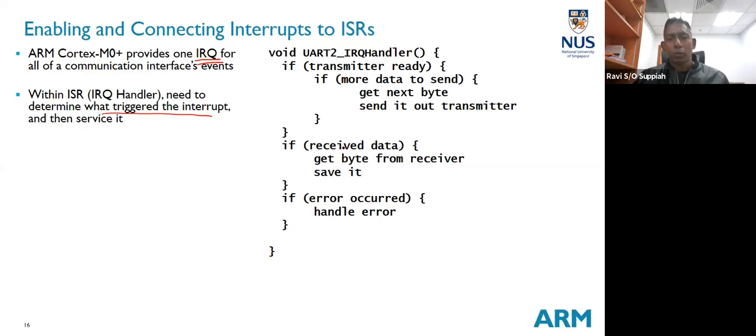In this project, it is a bit easier because you know you're only receiving data. Correct? Your Android app is going to send data through the BT06 module and you're going to receive it. So there's nothing to send back. In that sense, it is a bit easier. Of course, if you're going to use this board for other projects in the future, you must be mindful that it is the same handler that will be called for both transmit and receive events.